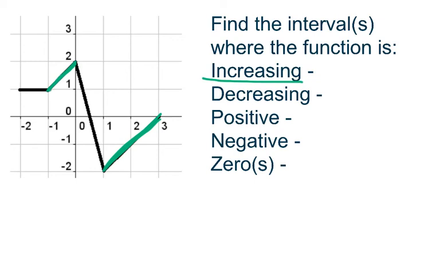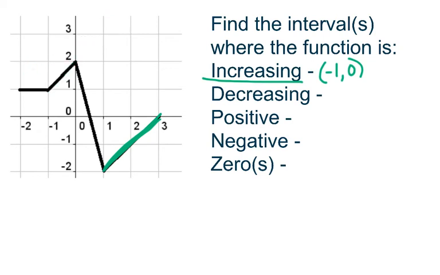So if I'm talking about this first little green piece, this is -1, 1, and then it goes to 0, 2. So look at the x values. It starts with -1 and it ends at 0. That's that first little green piece.